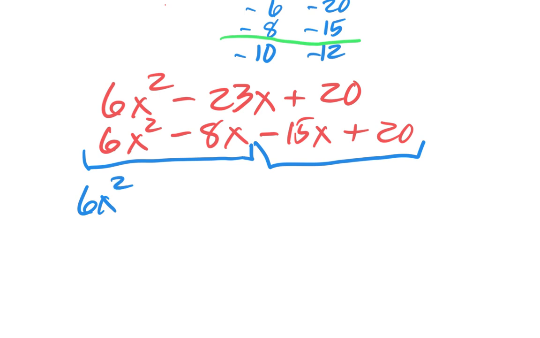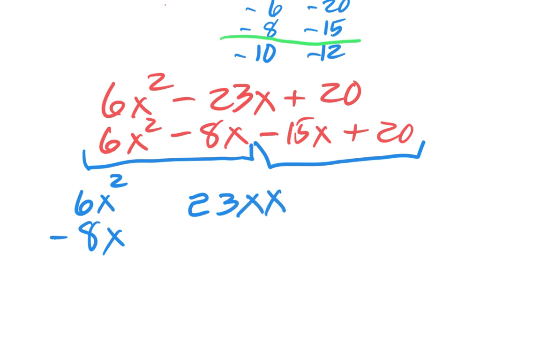When we go to grouping, we've got 6x squared and a negative 8x. What are my factors? 6x squared. If I factor 6 down, I can do the factor tree or not. I have 2 times 3, and then x squared means x appears twice.